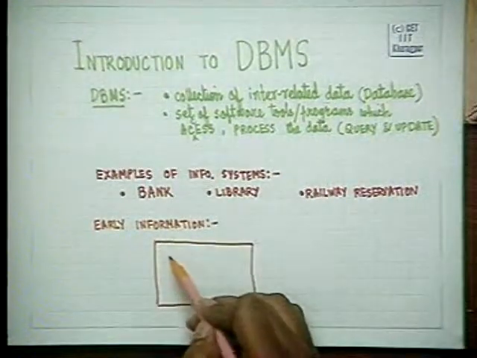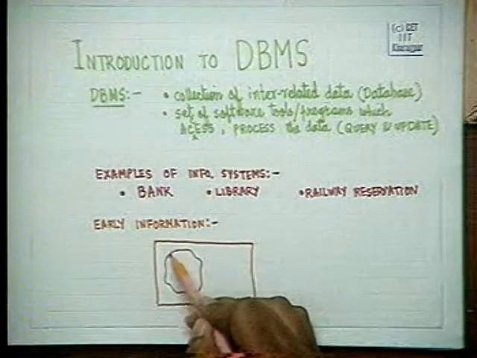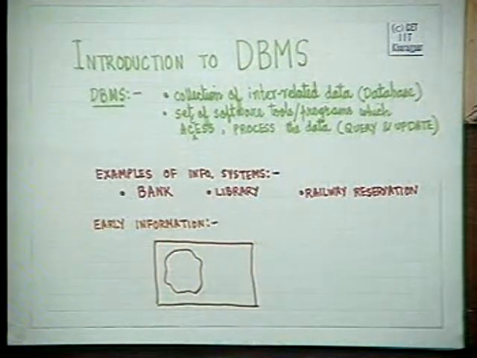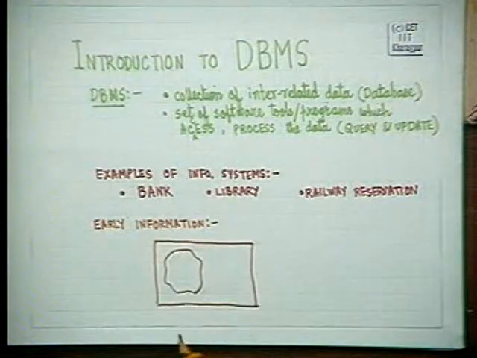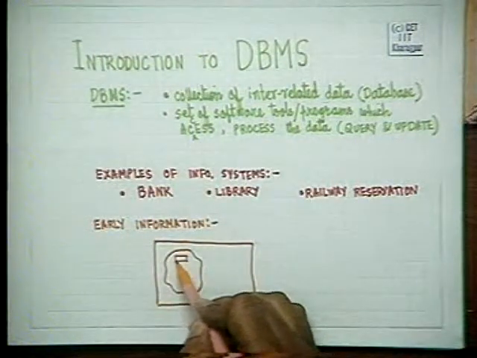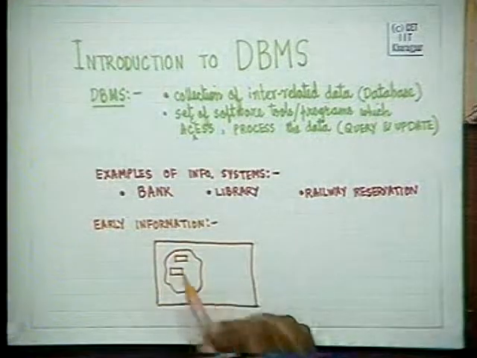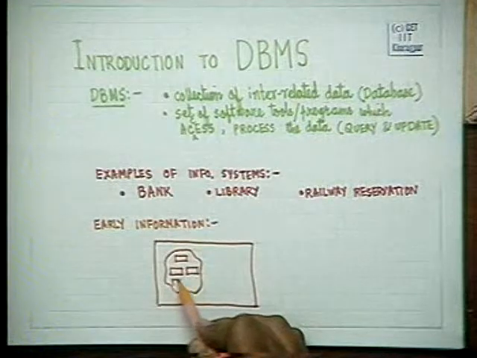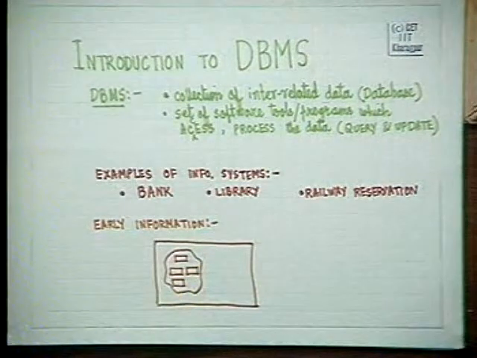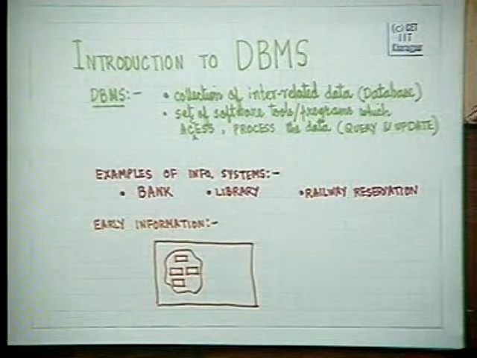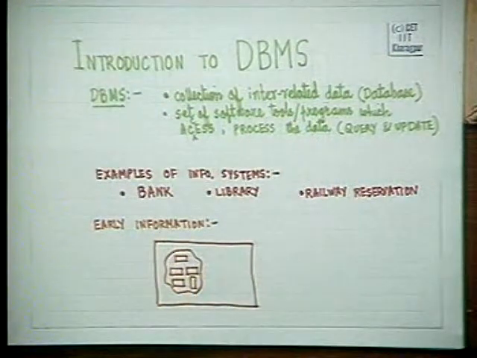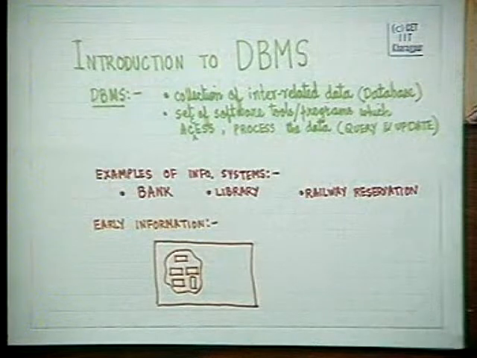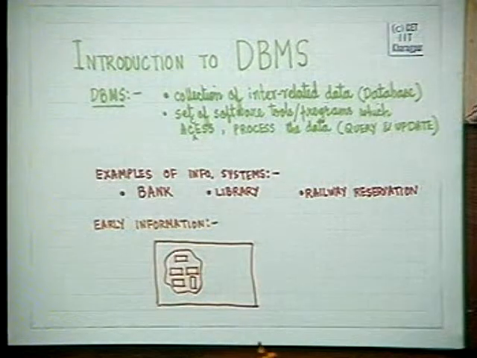You had a set of application programs, many programs. Take the bank example: somebody wrote a program for check clearing, somebody wrote a program for account crediting, somebody wrote one for debiting, somebody wrote another program for interest, and another program for fixed deposit interest, taking care of all the fixed deposits. So these programs were written over a period of time, and they accessed the file system directly.